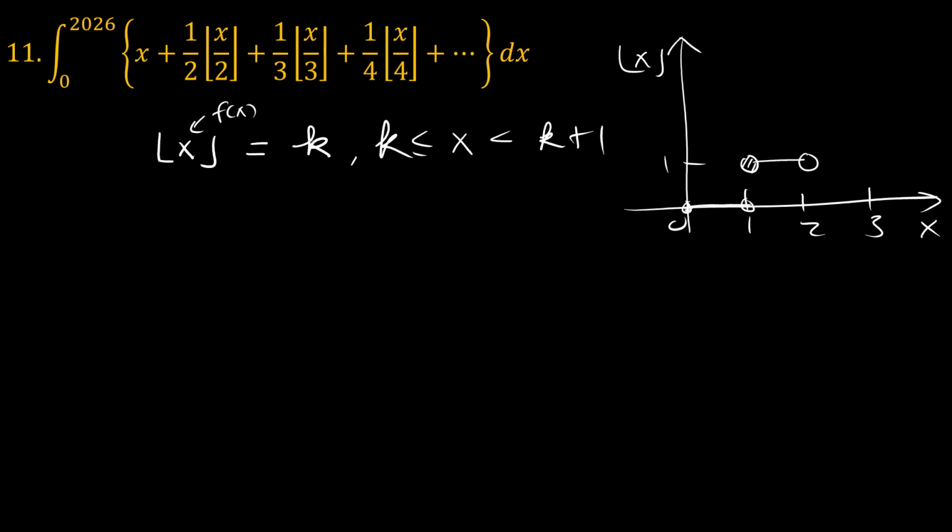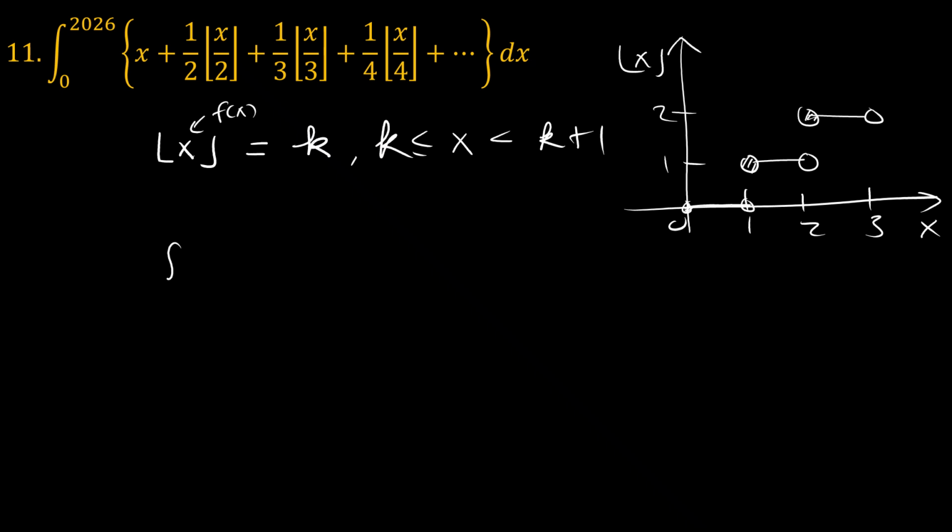From 2 to 3, it jumps up to 2. And so on. So it's a discretized look at the value x, as opposed to, let's say, if f(x) equals x, then you have a line that is increasing linearly up. So here, that is the floor function of x.